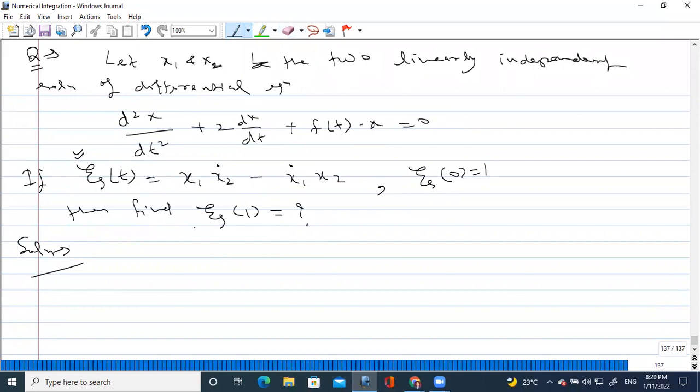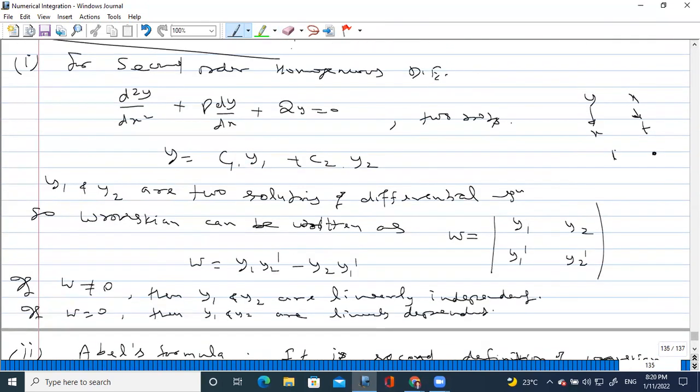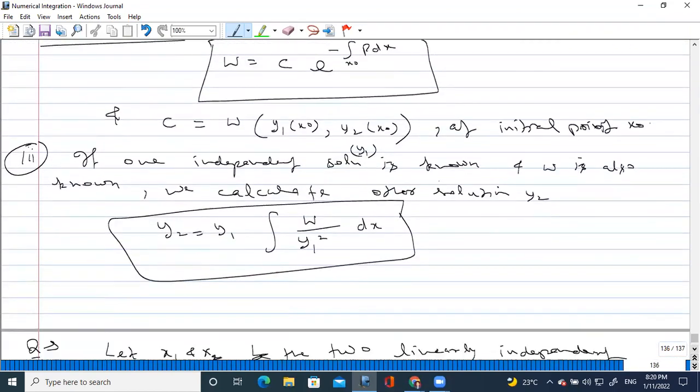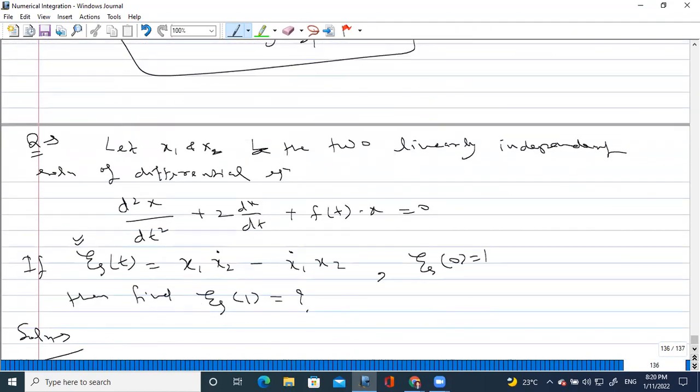And I told you one formula. You can find out the Wronskian value directly, because ultimately what he is asking in the question is xi(1), the value of the Wronskian at 1. How can I get this if I know the value of the Wronskian?